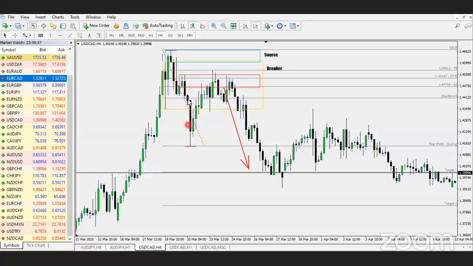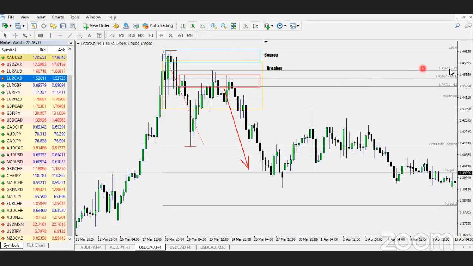You can see here, this was our last order block before the source, and it was broken down, and this is the wick of the source. So I've pulled my fibs from the top of the source to the bottom of the wick of the candle that broke. Now you can see price then retraced back up into our sweet zone.